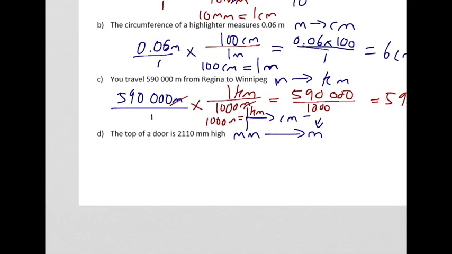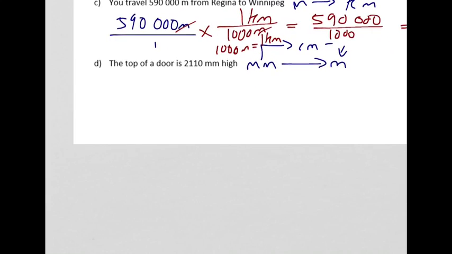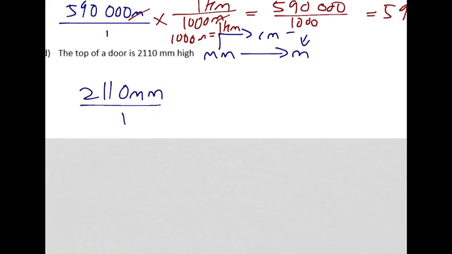Lastly, this top of the door. I got to do 2 steps here. Can you walk me through it? Okay, so we want to go millimeters to probably centimeters. Okay, so how do I do that? So put 2,110 over 1. You already got that.